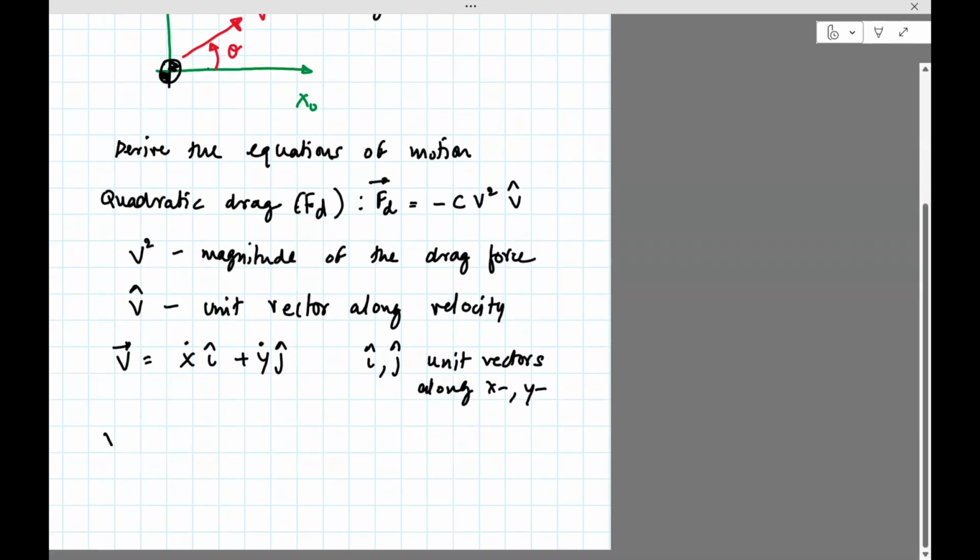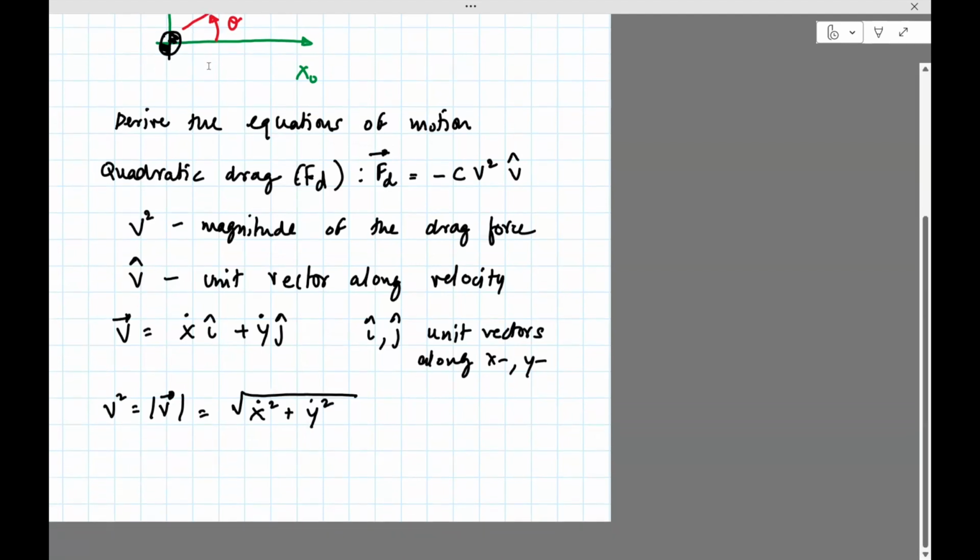If you want to compute v square, that's nothing but the magnitude of the velocity. So you take the individual components of the velocity and then just take the sum of squares and take the square root. Sorry, this should be v square. And then the unit vector is the velocity vector divided by the magnitude.